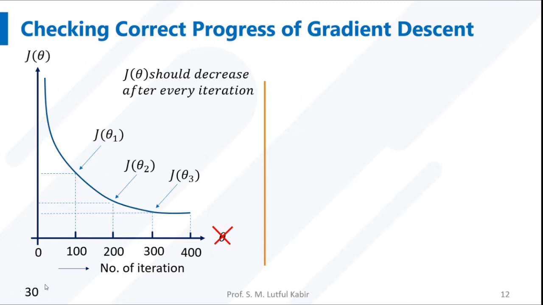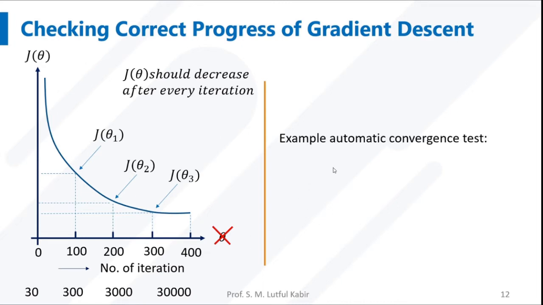For example, in a certain problem the convergence iteration number may be 30, in another it may be 300, even 3000, and in certain problems it can also be 30,000. So it is not certain after how many iterations the convergence will occur. It depends on different factors, also on the nature of the problem.